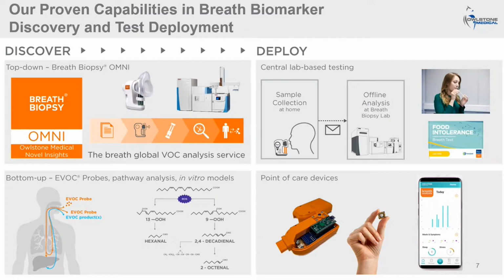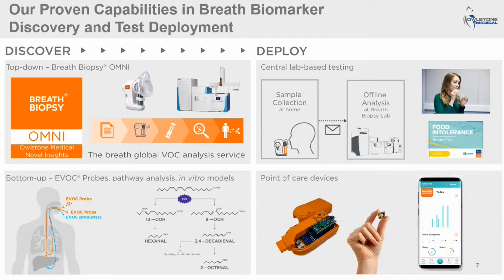We're also, within our own test programs, taking more of a bottom-up approach where we can deploy the so-called EVOC probes that I mentioned previously, but also looking at other pathway analysis type approaches to elucidate volatile biomarkers that perhaps could be developed into EVOC probes in the future, as well as the in vitro model work, which we'll talk about more in this webinar, which we're now opening up and providing as a service to pharmaceutical partners.